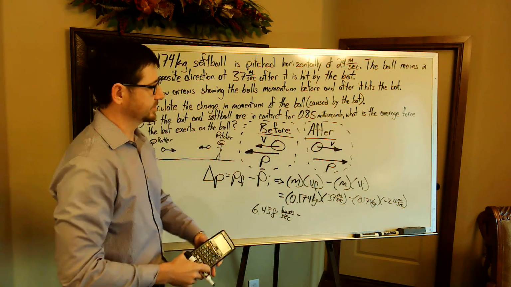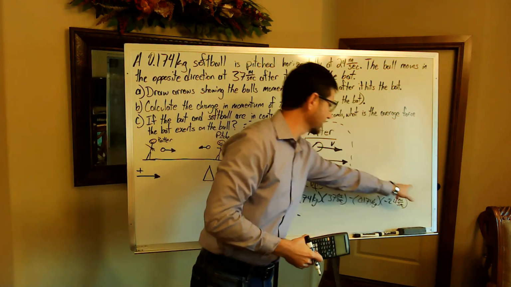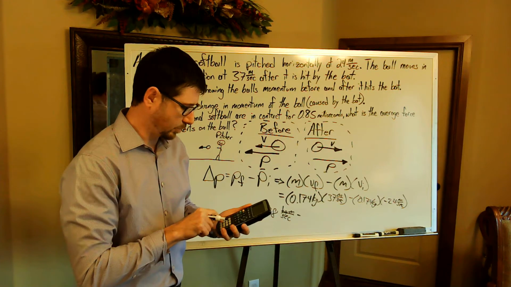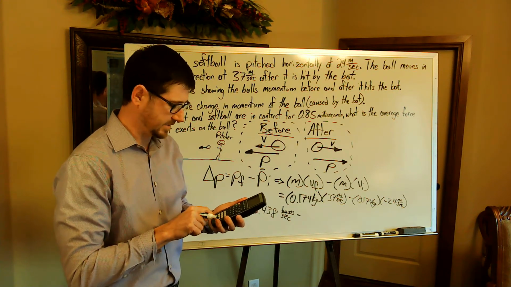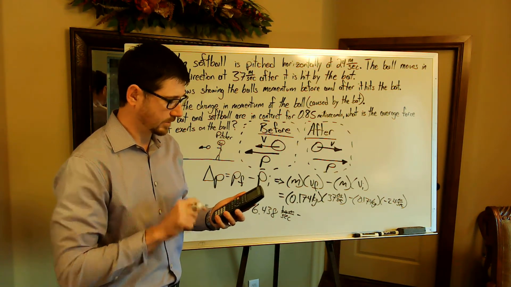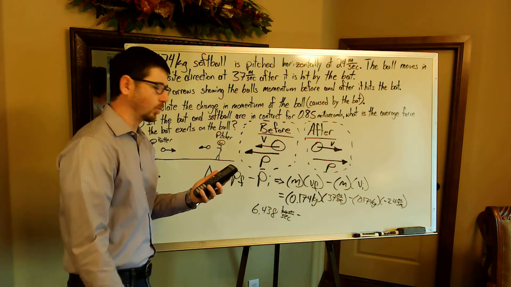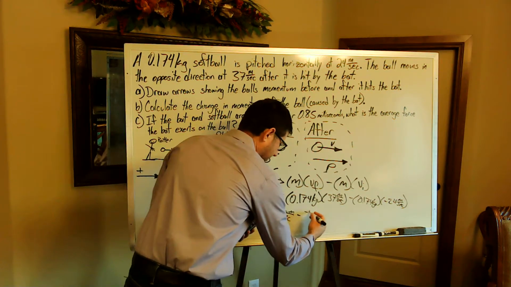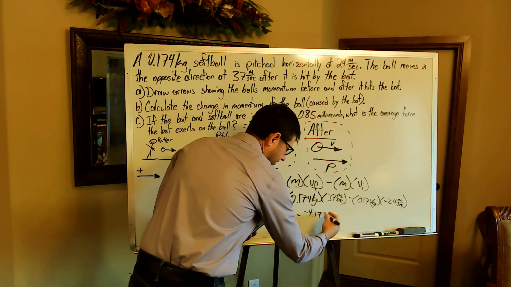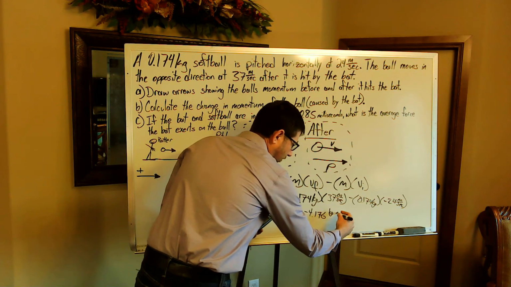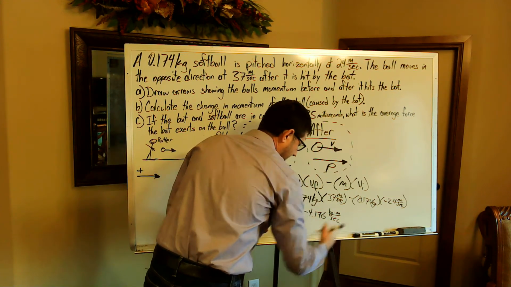Now we're going to subtract our initial momentum. So 0.174 times negative 24 gives me a negative 4.176, and our units are kilogram meters per second.